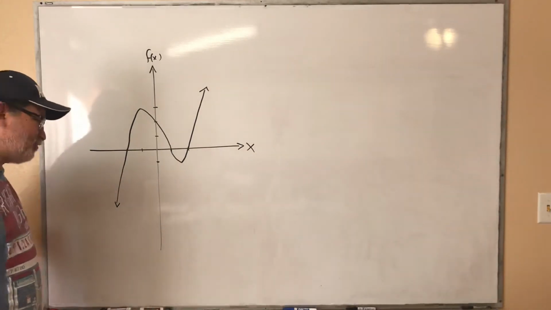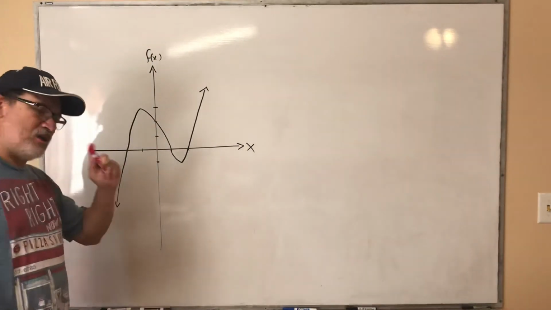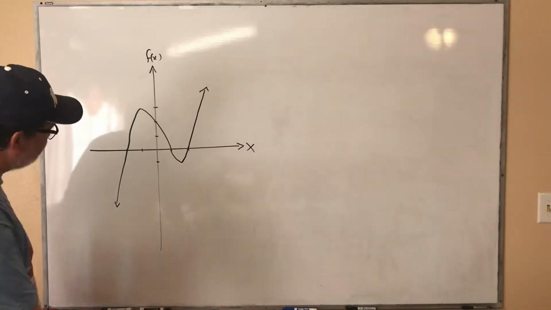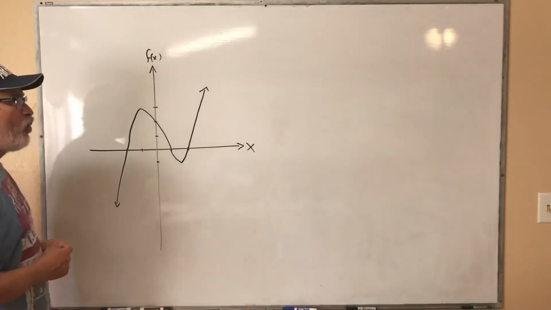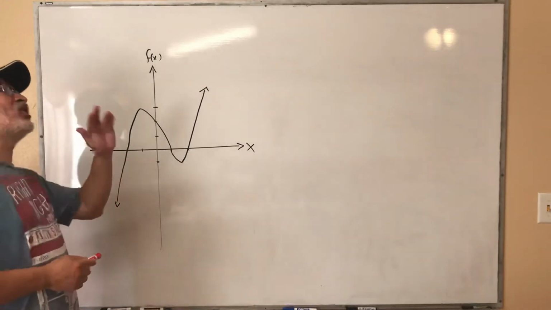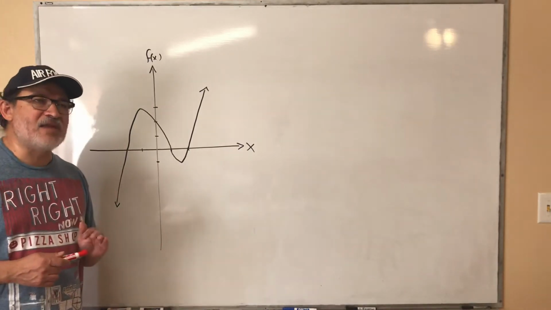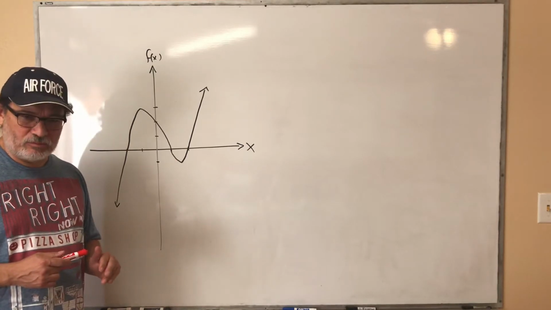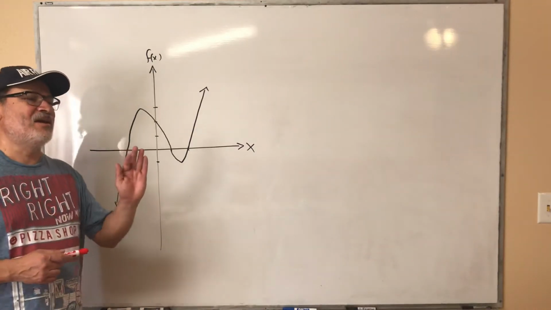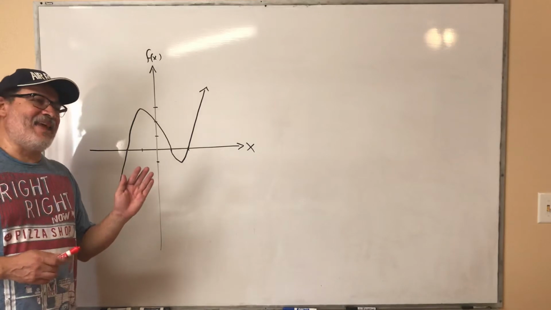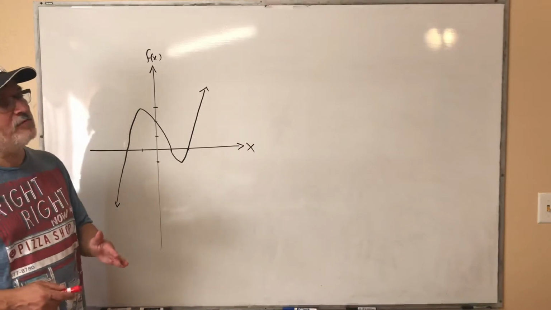Look, class. Here's what we want for this function. What we want for this function is, where is the function increasing? And when we say where, we want the x values, the x values where the function is increasing and decreasing, I'm sorry.